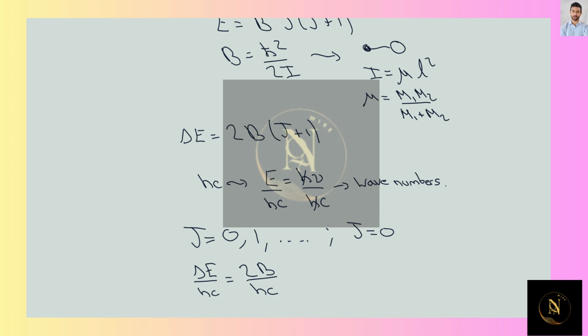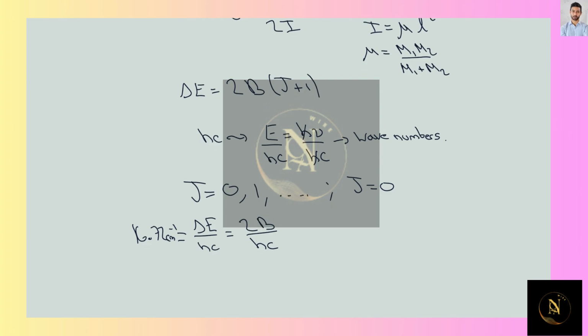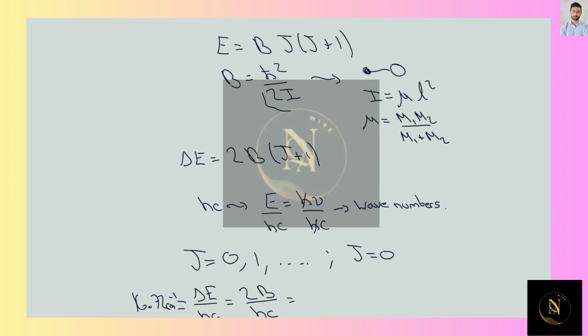And over here, the only thing that we need to know is how to isolate the bond length. So on the left hand side, we're going to put the value of the wave number, centimeters to the minus 1. For this, we're going to use the units of c in centimeters per second, just to get the result directly. And instead of B, we're going to write down this constant over here.